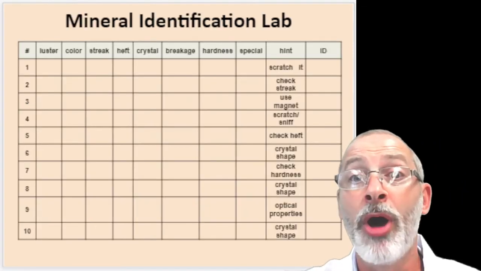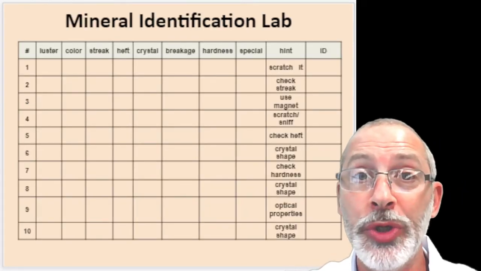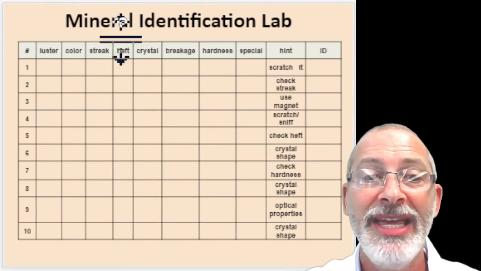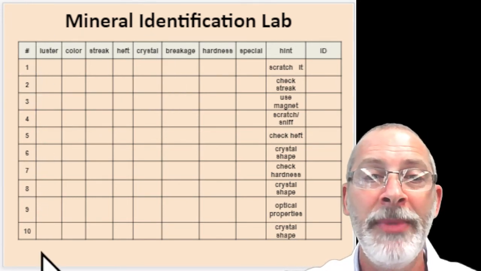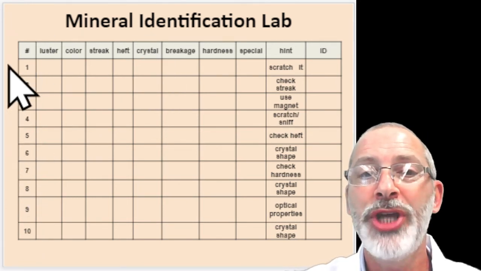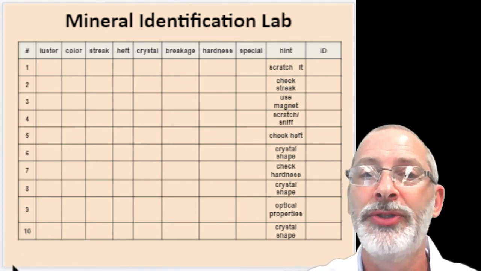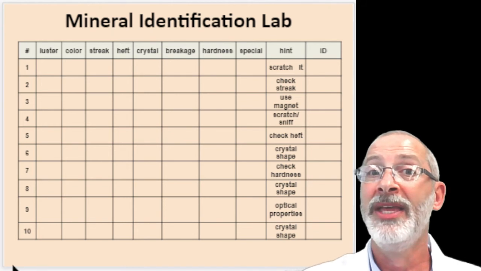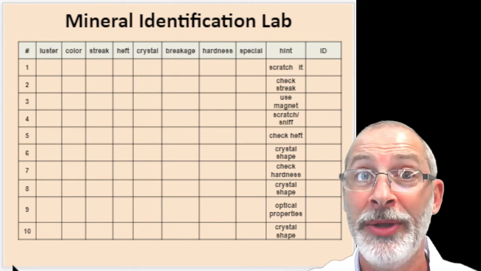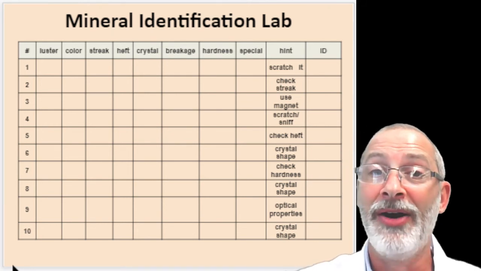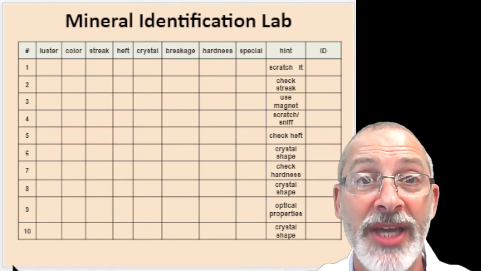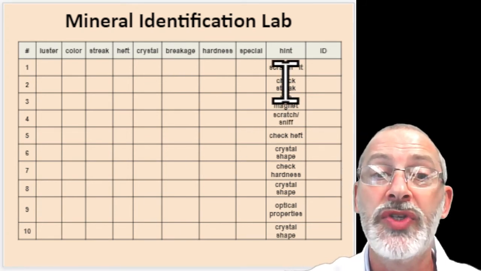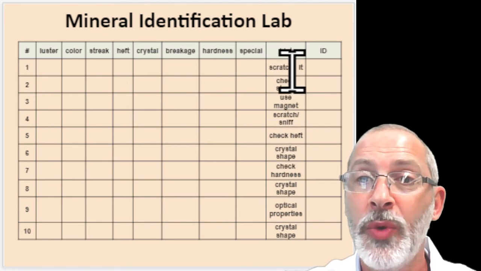Now, tomorrow you are going to have 10 unknown minerals here. And your objective tomorrow is going to be to try to identify the 10 unknown minerals. Now, I'm going to try and save you some time by giving you some hints along the way.